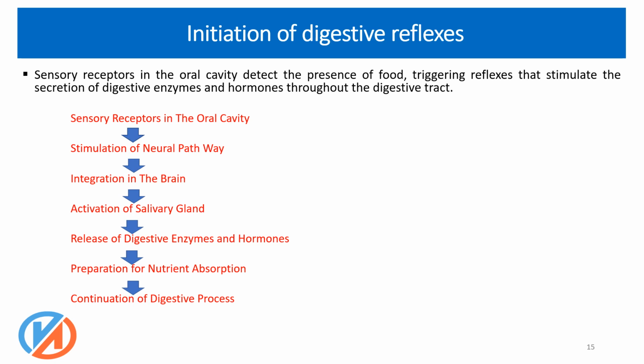As you can see in the pathways, when the food enters the mouth and comes into contact with the sensory receptors, it stimulates nerve endings that send signals to our brain. These signals are processed in various parts of our brain, and these neural pathways integrate the sensory inputs and generate motor responses that regulate digestive functions.